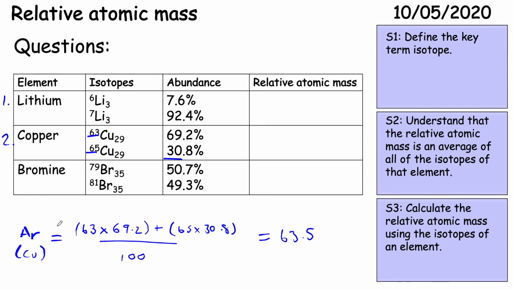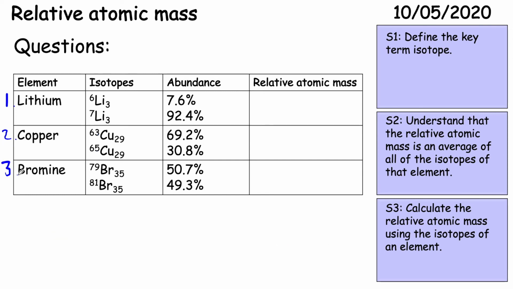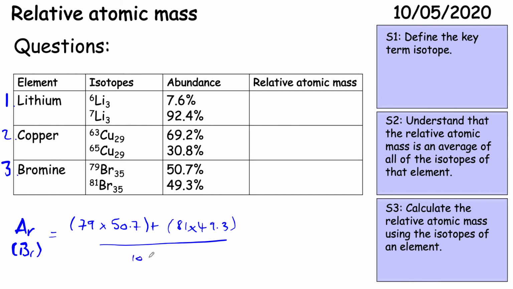Let's have a look at the third question. So to calculate the Ar of bromine, it would be 79 times 50.7 added to 81 times 49.3 divided by 100, and you should get 80 when you round to the nearest whole number.